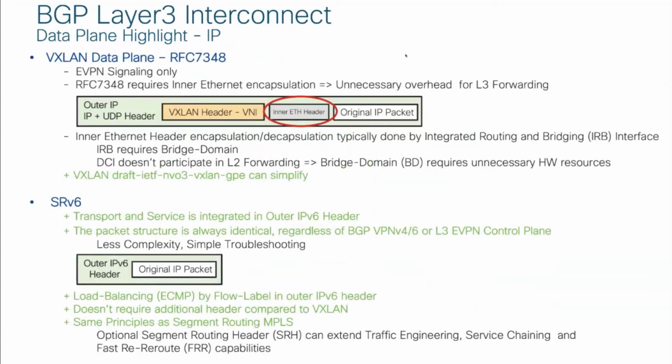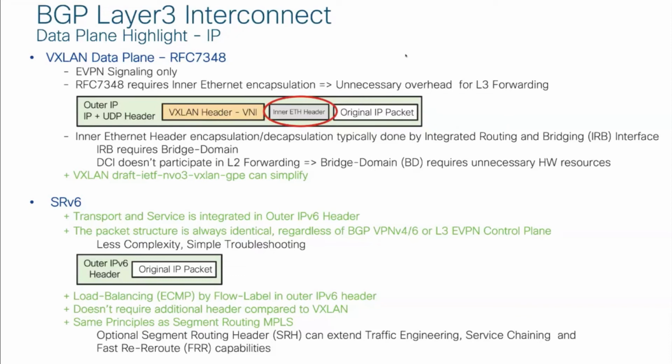So first, as we discussed, the VXLAN data plane option. For VXLAN, the only signaling option is EVPN. For VXLAN, there is no VPN v4 or VPN v6. Based on RFC 7348, there must be the inner Ethernet header, as we discussed. This is a little overhead because we are really doing L3 forwarding, so it is not necessary to use the inner Ethernet header.